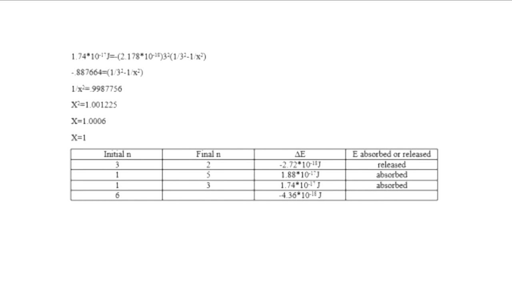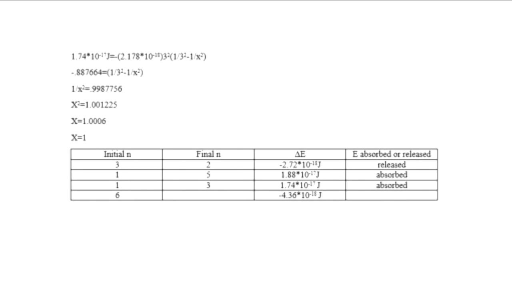For the next row, we are given the energy output and are to calculate the initial subshell. The energy output given is 1.74 times 10 to the negative 17 joules. This must be equated to negative 2.178 times 10 to the negative 18 times 3 squared, being the number of protons for lithium, times 1 over 3 squared minus 1 over x squared, x being the variable used for the initial subshell.